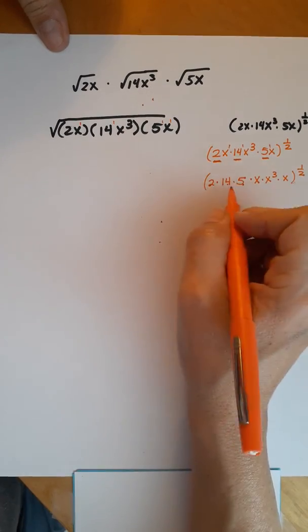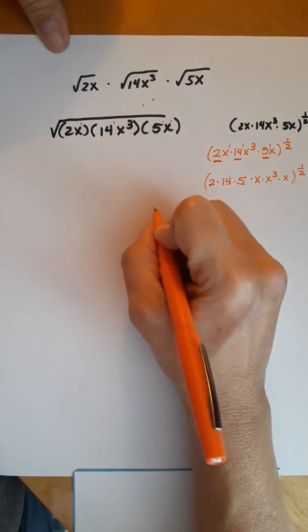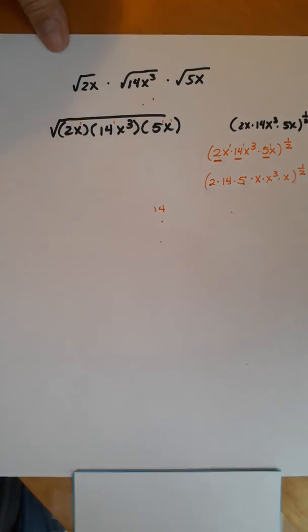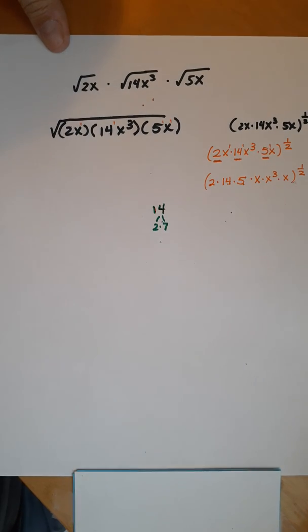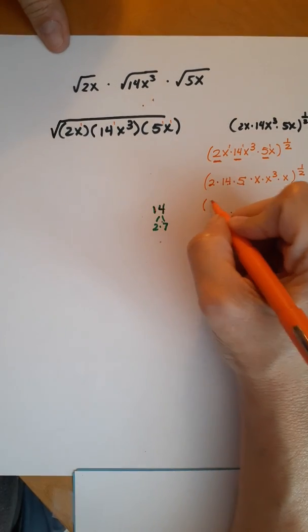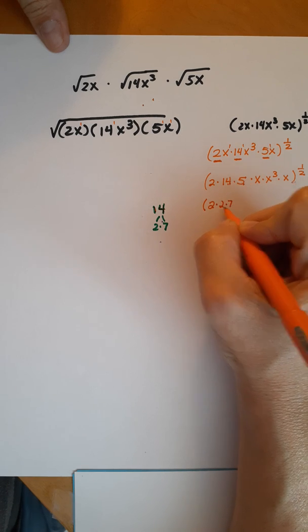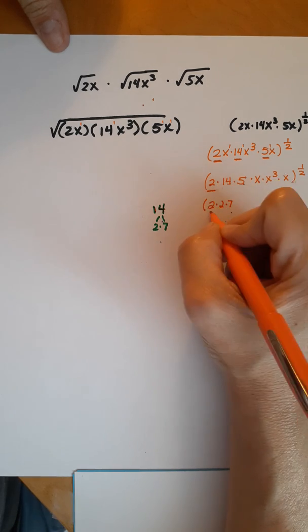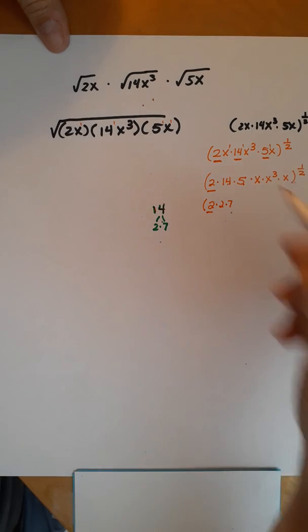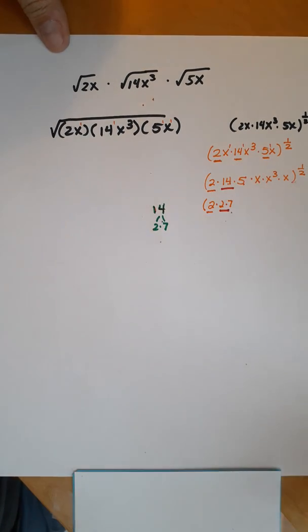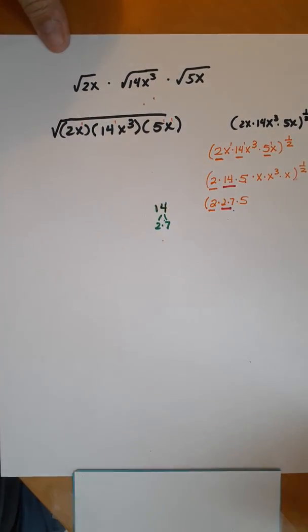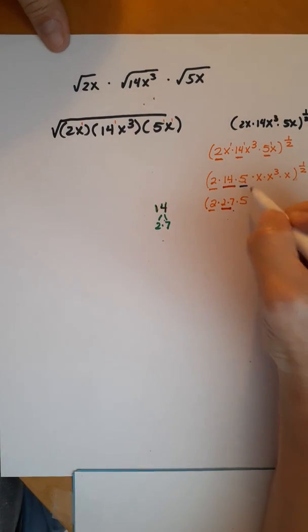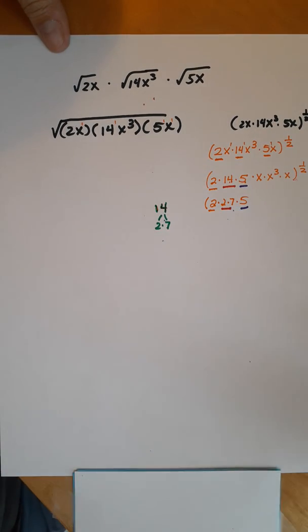Okay, so let me look at 2, 14, and 5. 2 is a prime number, so you're done. 14, let me use a factor tree. 14 is 2 times 7. And 5 is a factor. So let me simplify that: 2 times 2 times 7 times 5.